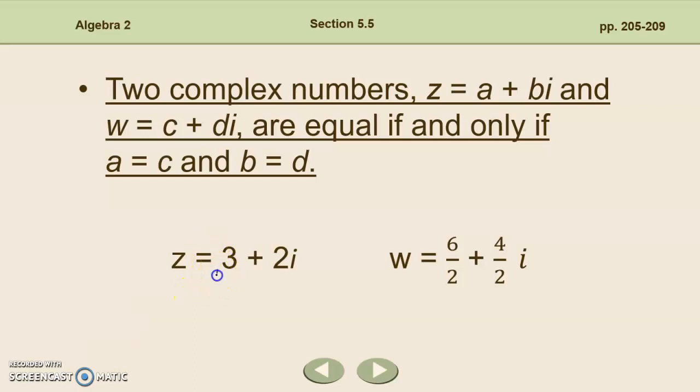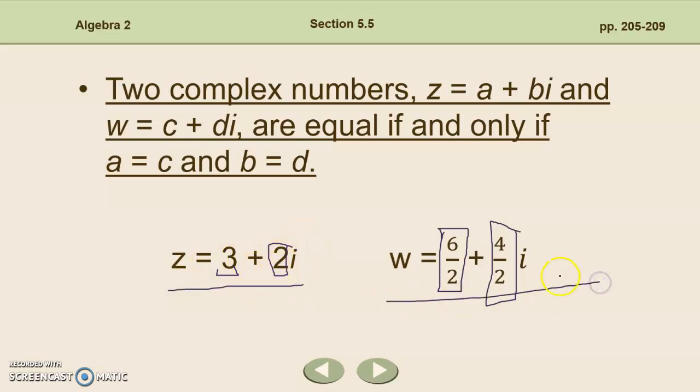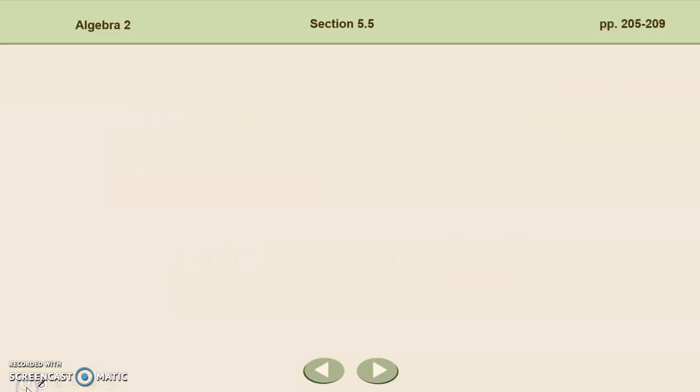So essentially, my real number must be equal to my real number, and the coefficient of my imaginary number must be equal to the coefficient of my imaginary number. So we can see that these two complex numbers are equal because their real numbers are equal, as are their imaginary coefficients.